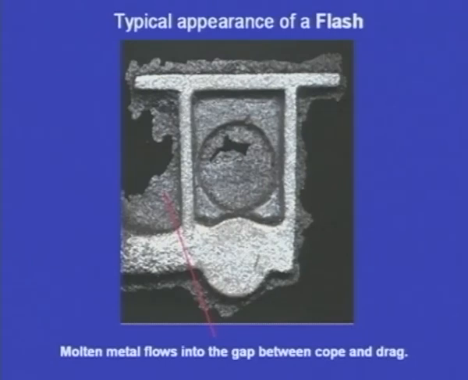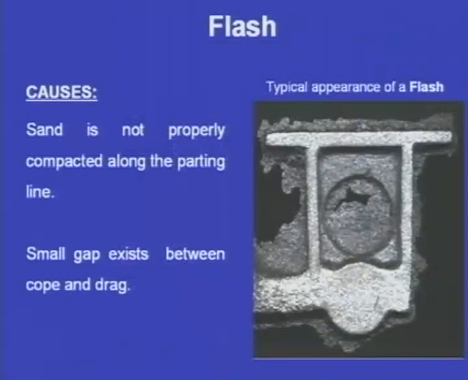Molten metal flows inside the gap between the cope and drag. And what are the causes for this defect? Sand is not properly compacted along the parting line, meaning there is a little gap between cope and drag along the parting line. Naturally, molten metal goes into this gap.